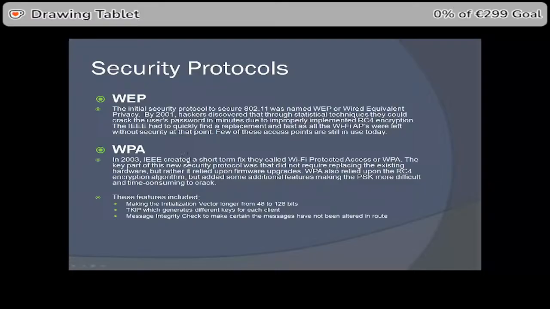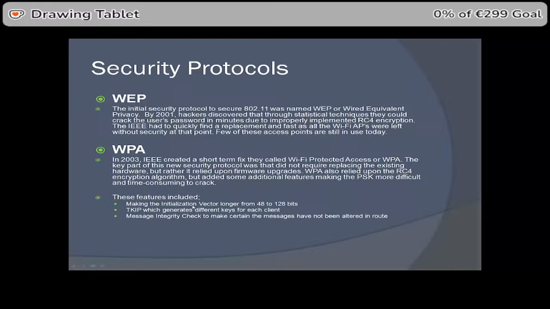One of the limitations of the first APs is that they had relatively weak chips in them, so we couldn't put in a stronger encryption algorithm, but we could put features into the encryption that made it more difficult and time-consuming to crack.